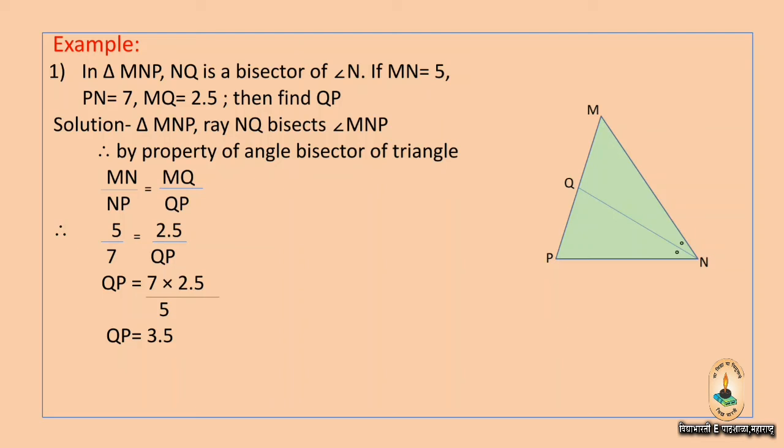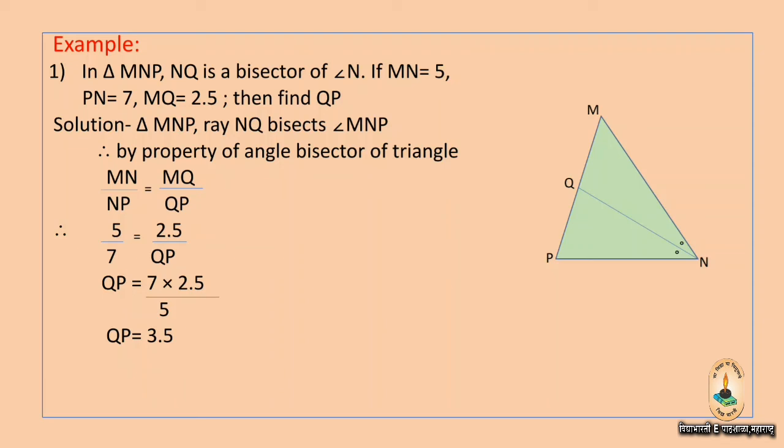Answer is, observe the figure. In triangle MNP, ray NQ is the bisector of angle MNP. As the bisector of the angle is given, by using the property of the angle bisector of a triangle, we have MN upon NP equal to MQ upon QP.